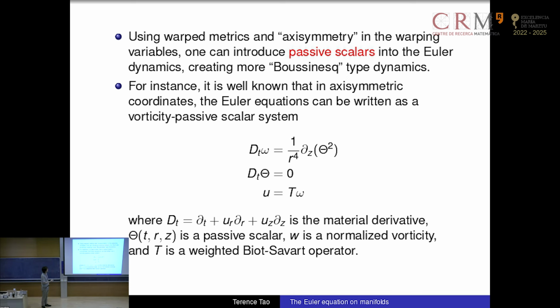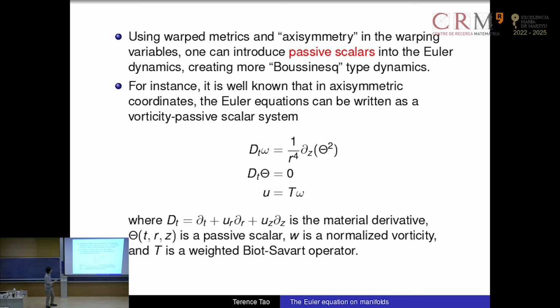So, for example, if you write the Euler equations in axisymmetric coordinates and you assume axisymmetric solutions, you get vorticity is now a scalar, and it gets transported, but not as if it was 2D Euler, where vorticity would just be transported with forcing term 0. Here, the material derivative is dt plus transport, but there's an extra term coming from a passive scalar.